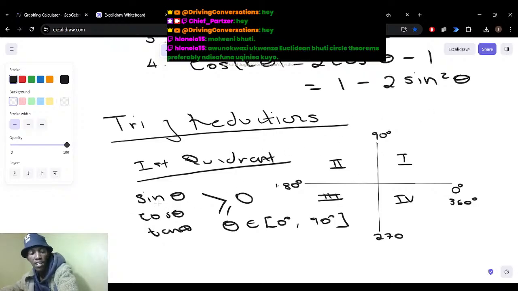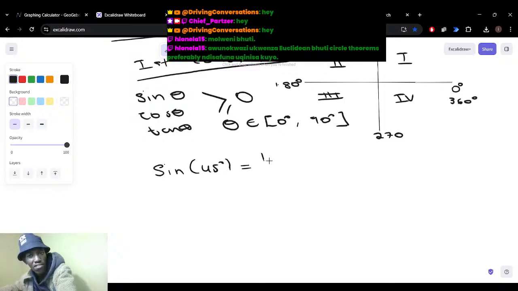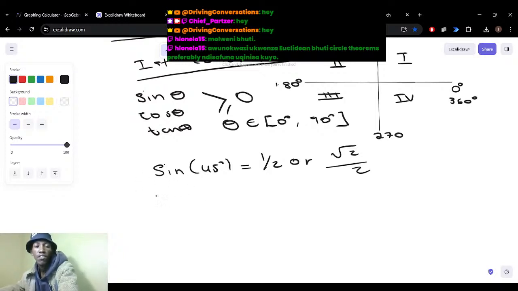Sine of 45 degrees will give you a half, I'm not sure, but the point is that the answer will be positive.